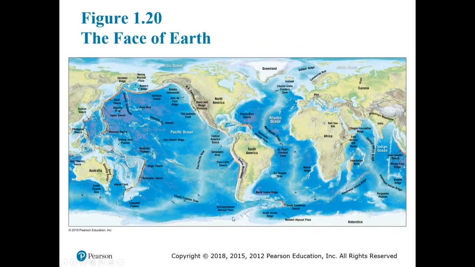We'll look at world maps, continental maps, ocean maps, and then very focused maps of particular towns or landscapes. So you'll learn how to read a wide variety of maps, both paper maps and electronic maps as well. And we'll talk about a lot of these features that you see on this map.